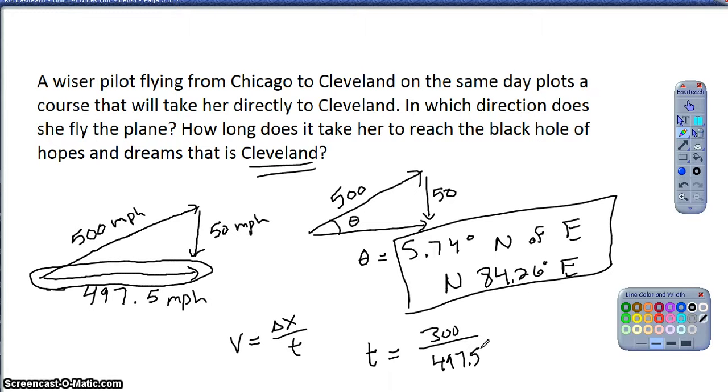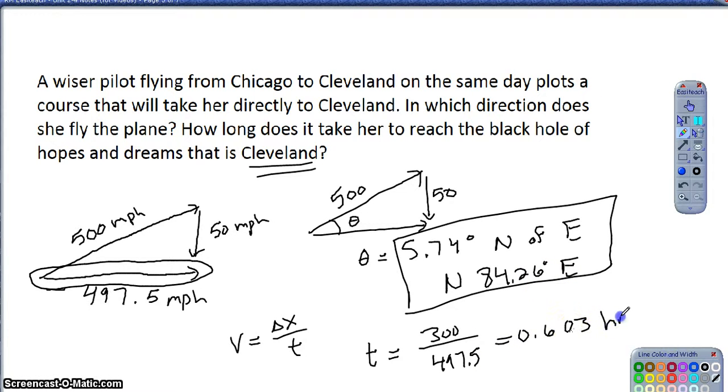Just solving this, it ends up being about 0.603 hours if you prefer 3 sig figs, to reach Cleveland. So we've got those two measurements. Hopefully a pretty easy problem to set up and solve.